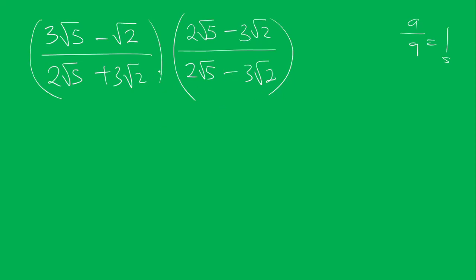So what we're going to do next is expand the expression up and the one down. To expand the one up, you have 3 root 5 multiplying the whole of this inside, which is 2 root 5 minus 3 root 2.